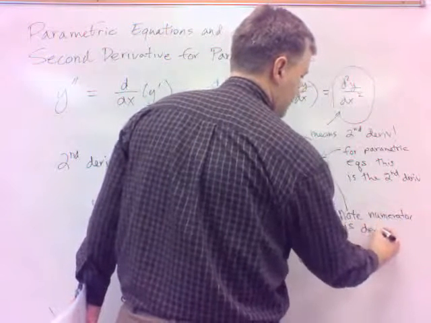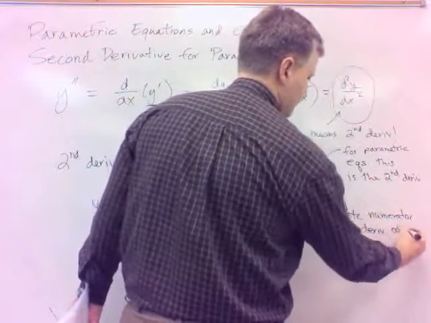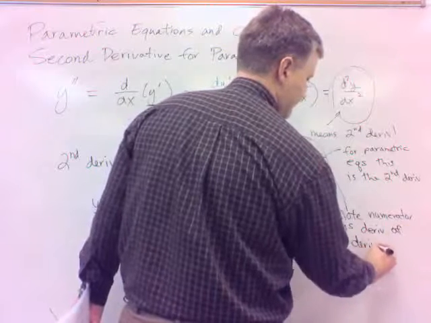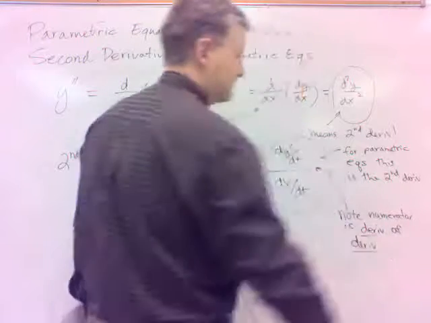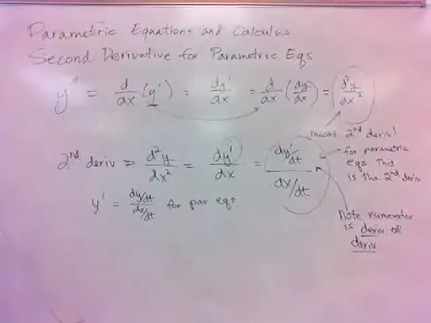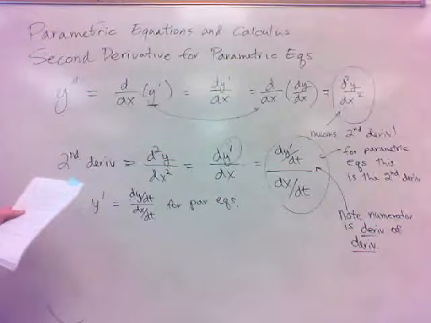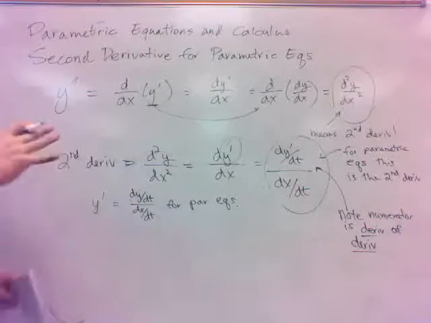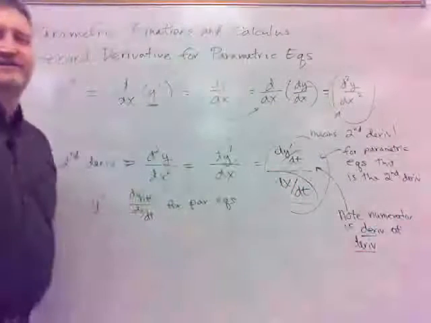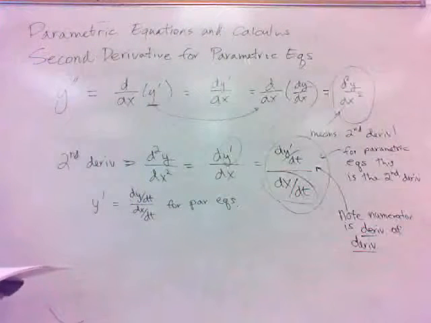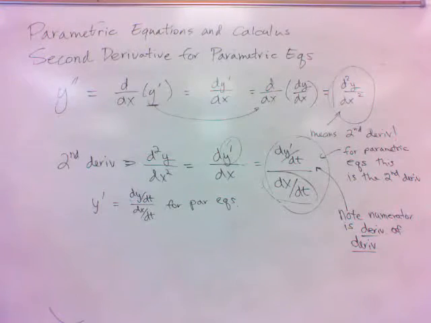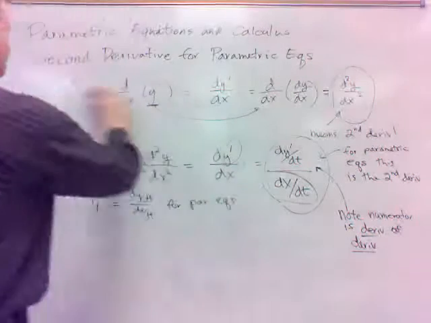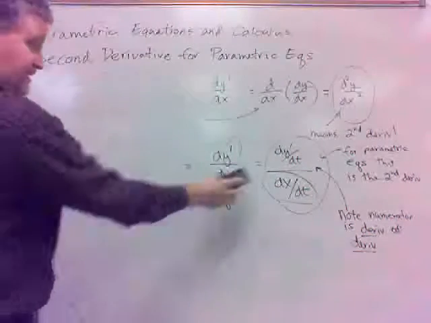It's the derivative of the derivative with respect to t, which isn't the second derivative, because we're doing a parametric. To get the second derivative, you have to divide it by dx dt. That's the whole thing. I know it's kind of confusing, but here it is. I'll show you. But that's what you have to do for parametric.